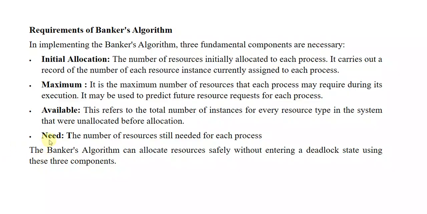So the need is 4 minus 2, which is 2, the current need of the process. These are the very important points of Banker's algorithm, and we call them data structures. These data structures are stored in matrix format in Banker's algorithm.